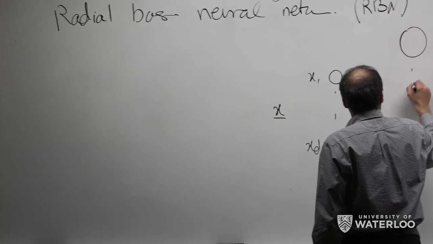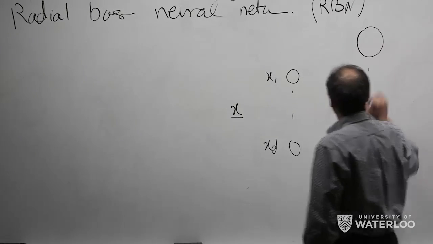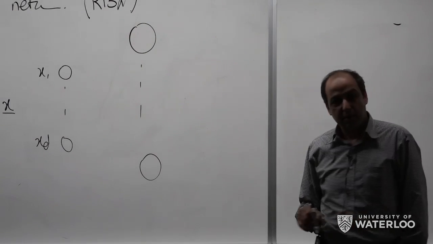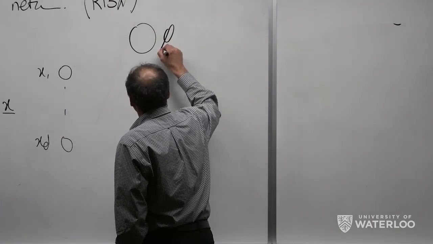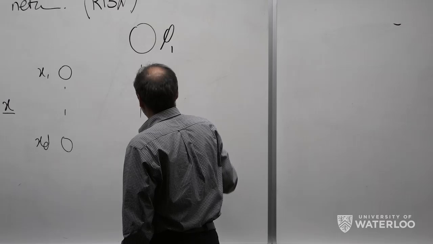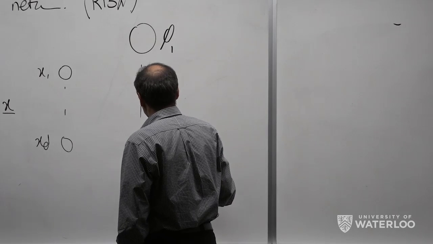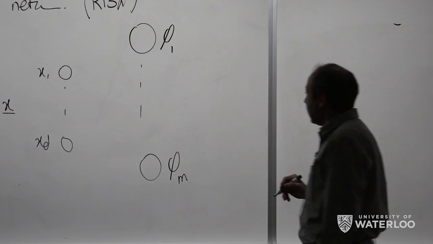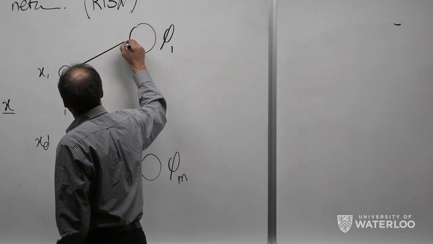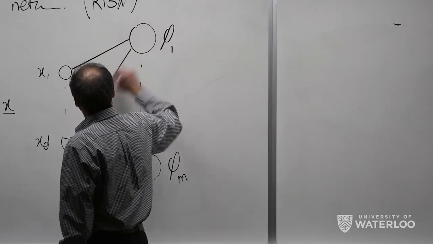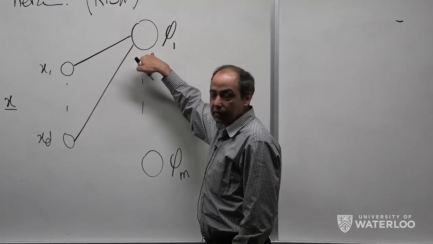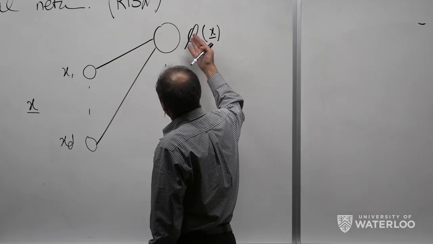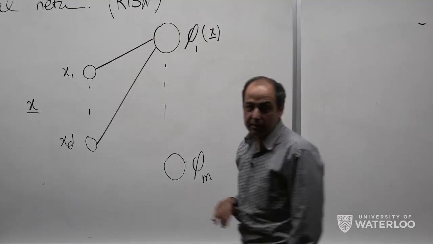Then I have m nodes here, but these m nodes are not perceptrons. They are nonlinear functions. I call them phi 1 to phi m, so I have m nonlinear functions. Each data point goes to one of these functions, which computes a nonlinearity for that particular point.